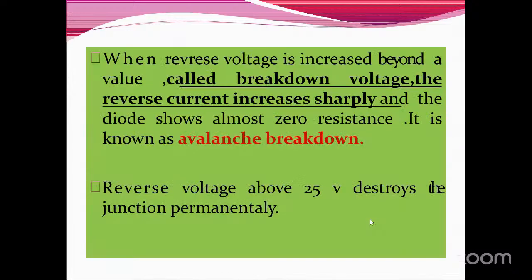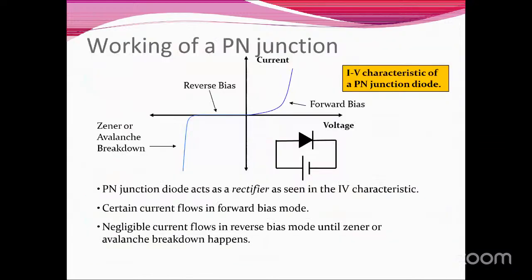Micro means 10 power minus 6. When the reverse voltage is increased to the breakdown voltage, the reverse current increases sharply. The diode shows zero resistance in this case, which is known as avalanche breakdown. A reverse voltage above 25 volts may destroy the junction diode permanently.